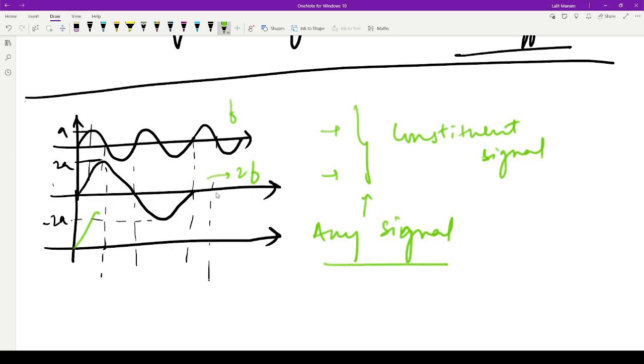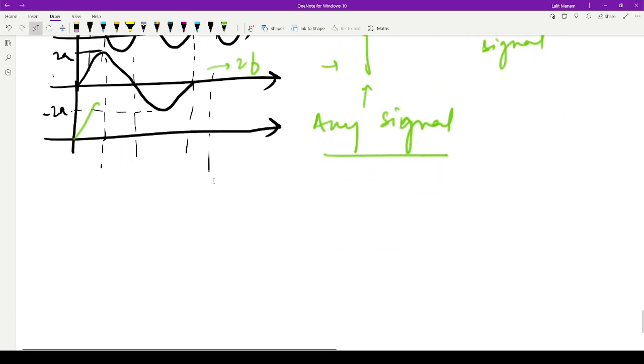Any signal can be represented as the sum of its constituent signals, which is what the Fourier series gives. The Fourier series is specifically for periodic signals. In general, you have Fourier transforms, which can break even non-periodic signals down into their constituent signals.